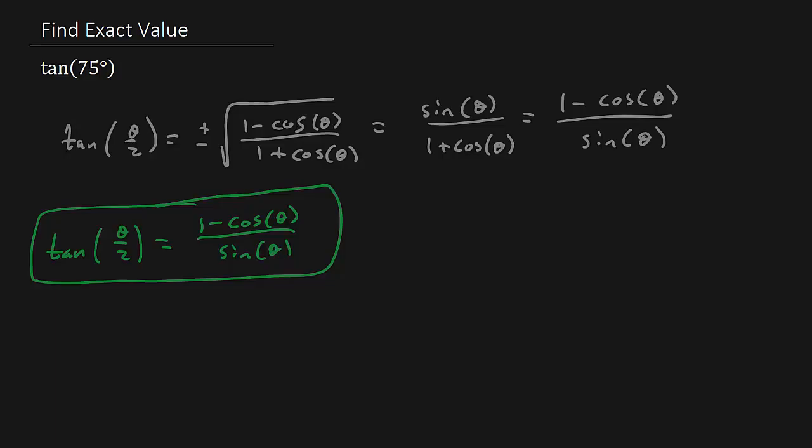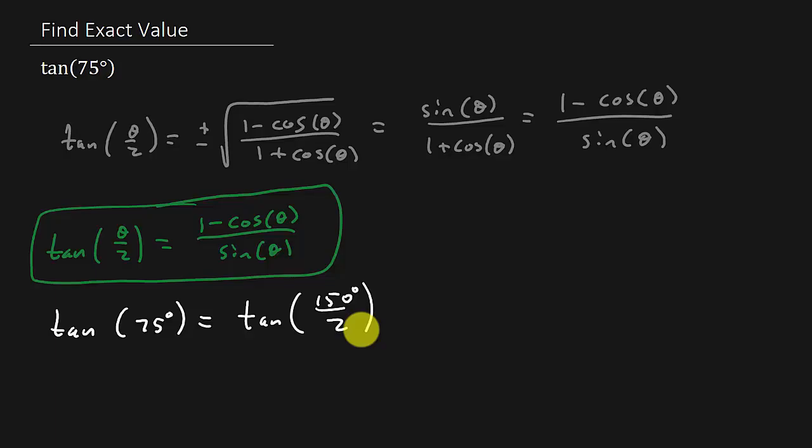All right, so I've got tangent of 75 degrees. The tangent of 75 degrees is equal to the tangent of, now we don't know the exact value of tangent of 75 degrees, but we need 75 to equal some angle divided by 2, and that would be 150 over 2.